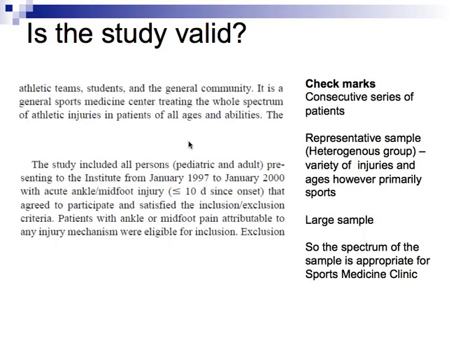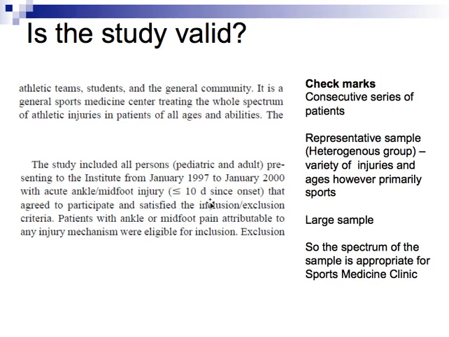And if we look at some of the other check marks here, this particular environment has athletic teams, students, and the general community. The General Sports Medicine Center treats the whole spectrum of athletic injuries in patients of all ages and abilities. The study included all persons, pediatric and adult, presenting to the Institute during these dates with acute ankle injury within 10 days.